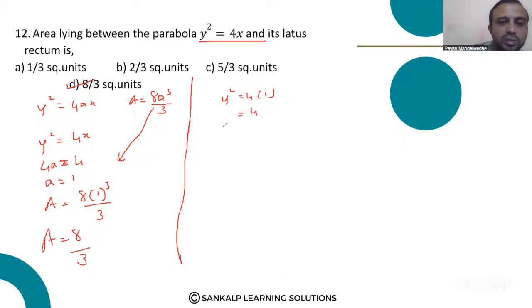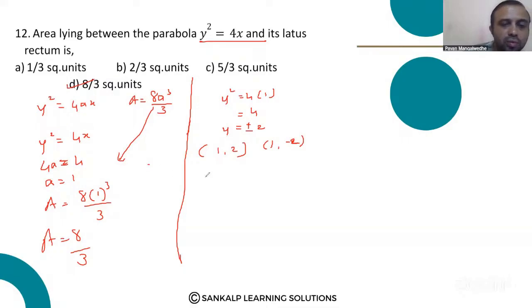So 4 means y is equal to plus or minus 2. Plus or minus 2 in the sense, its intersections are 1 comma 2, and the second intersection is 1 comma minus 2, because there are two possibilities, plus and minus.